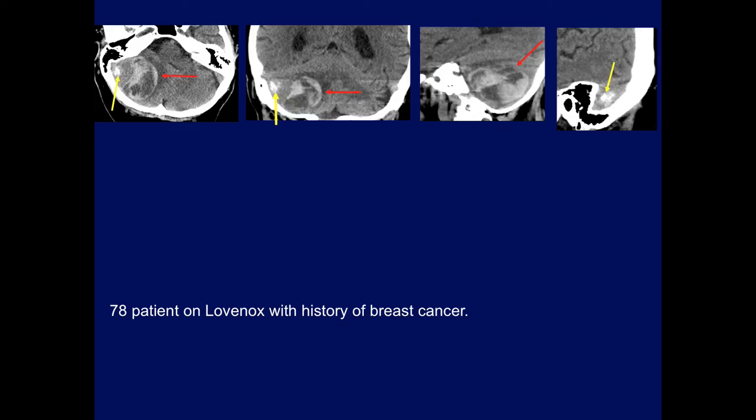Here's a very interesting case that Gino and I discussed a few days ago, last Saturday. This patient was on Lovenox and also had a history of breast cancer, and came in, had a CT scan which showed a hemorrhage and also showed a tiny calcification.